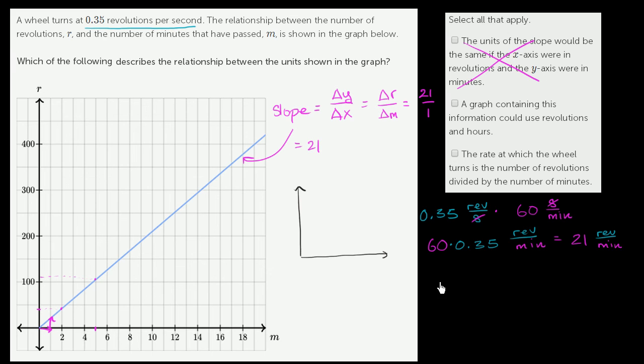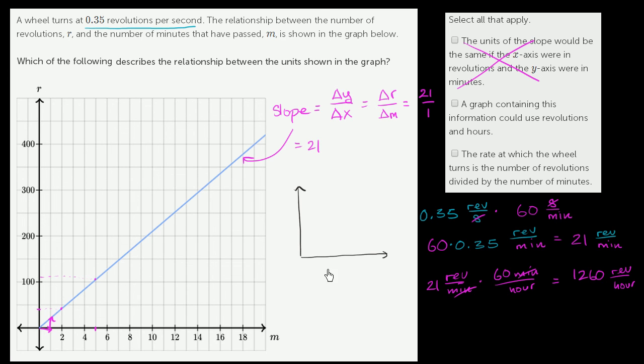Let me write this down. 21 revs per minute times 60 minutes per hour gives us, 6 times 21 is 126. So it's 1,260 revolutions per hour.